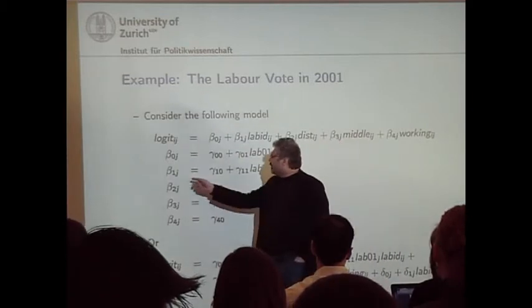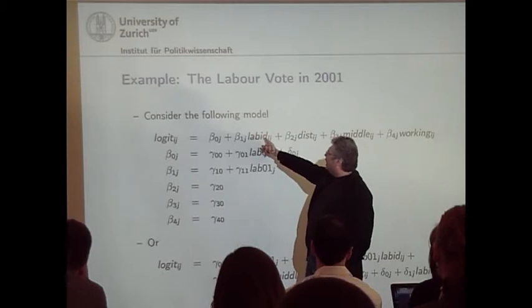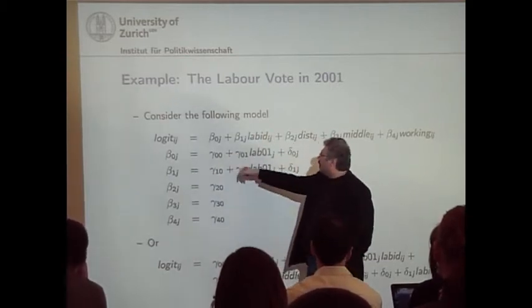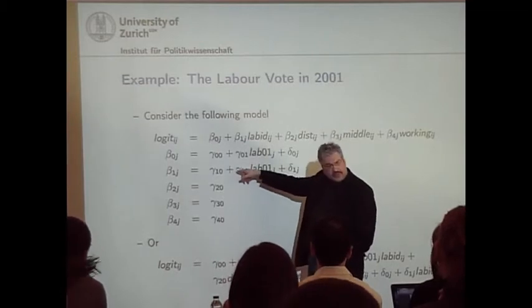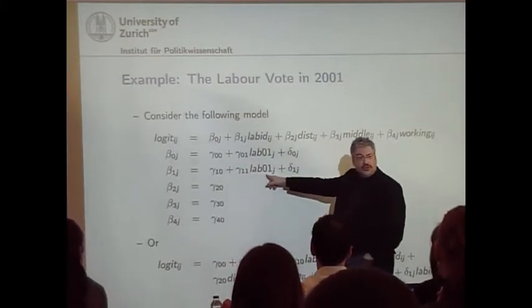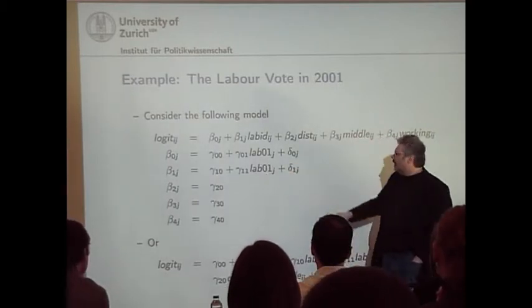And I'm going to let the effect of identification with Labor vary also across the contexts, the polling districts, again as a function of Labor's vote share and a random component delta.